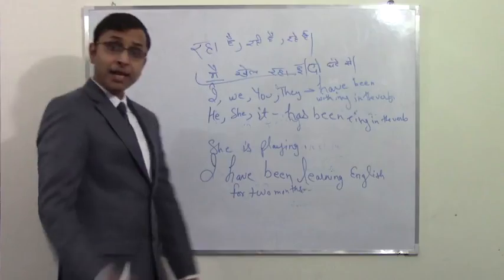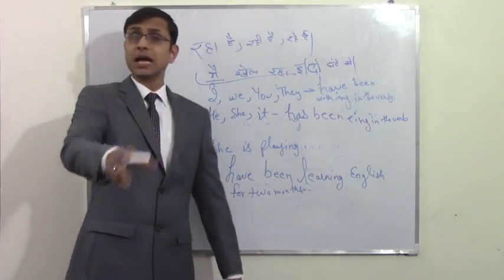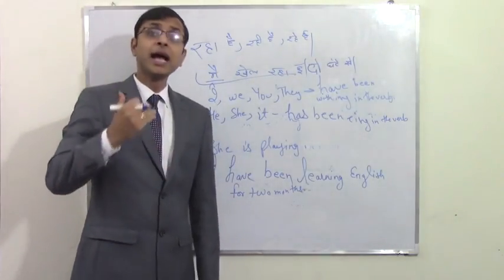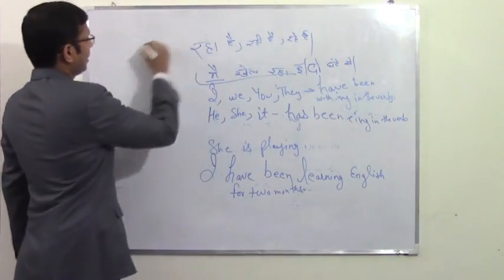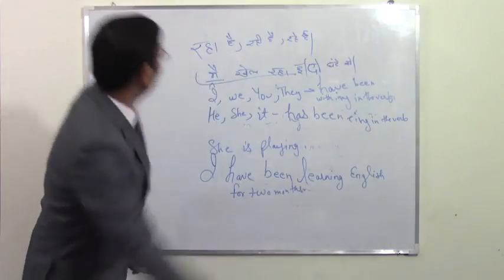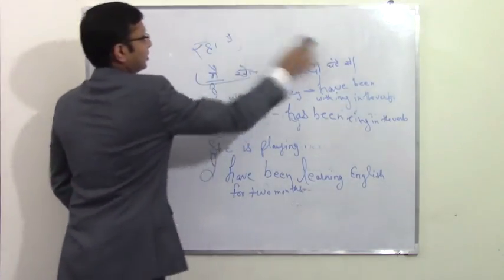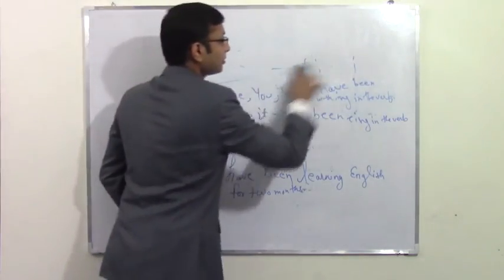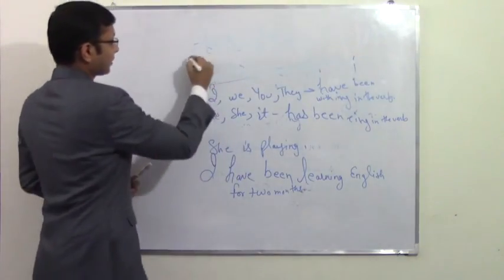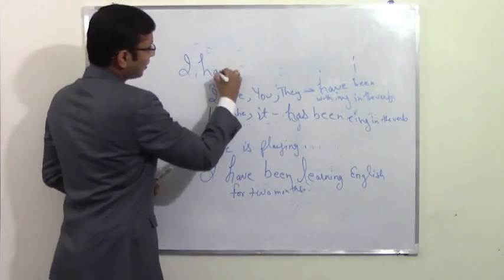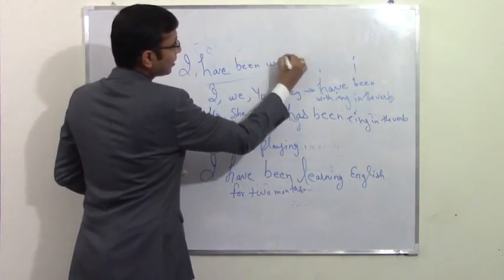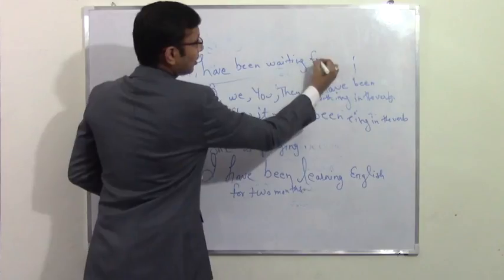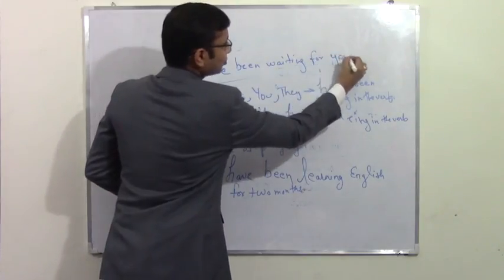So मैं 2 घंटे से तुम्हारा इंतजार कर रहा हूं. So we will not say I am waiting for you for 2 hours. We will say I have been waiting for you.